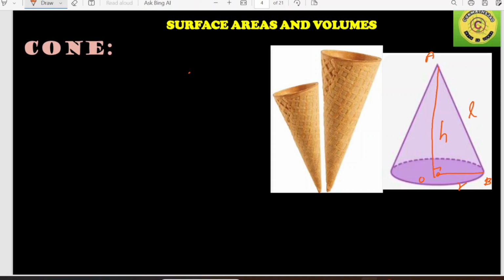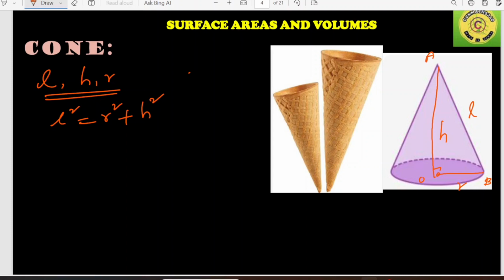Now, what is the relation between l, h, r? L square is equal to r square plus h square, like the hypotenuse square is equal to side square plus side square.